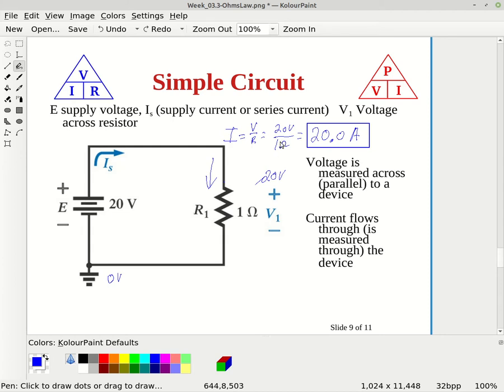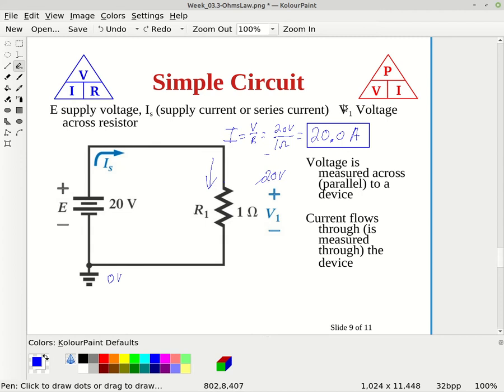Now I_S here, a lot of times since they're showing I_S coming out of the battery, I would assume I sub S to imply that that is the supply current or the source current. You could also consider it the series current because it's the current in a series circuit.